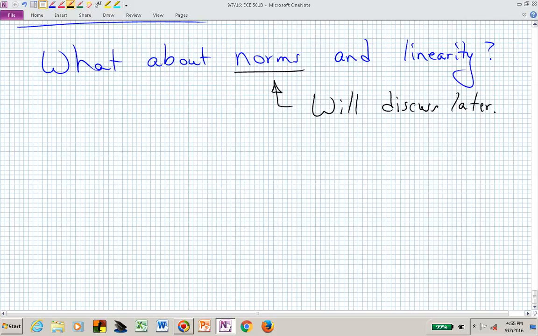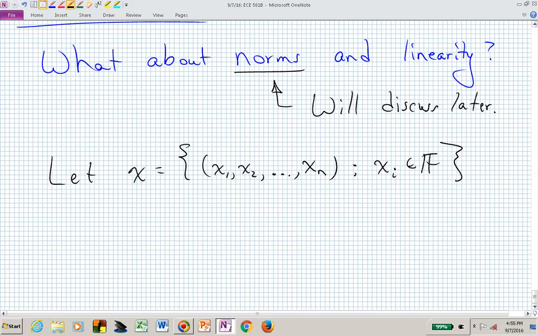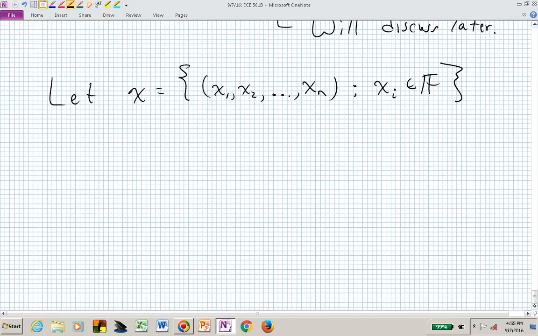So let's assume, for defining norms, that x, our vector, has n coordinates: x sub 1, x sub 2, up to x sub n, where each of these coordinates comes from our field, F. Let's define some of these norms.